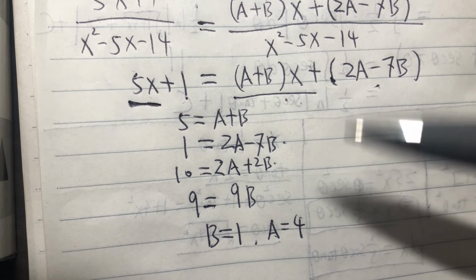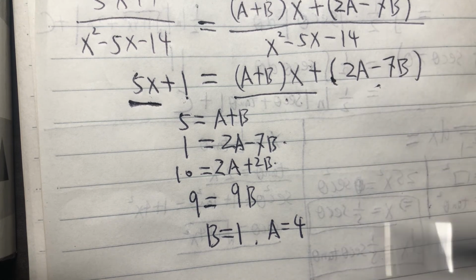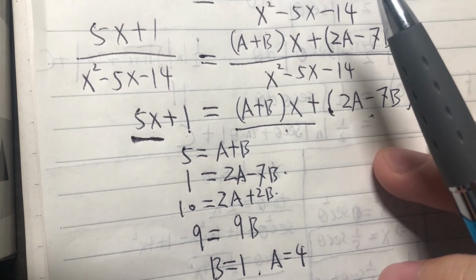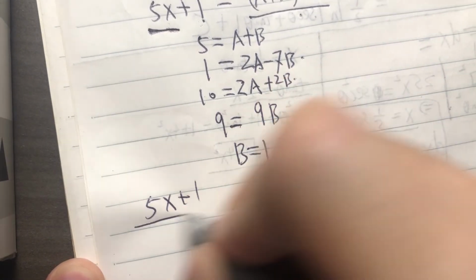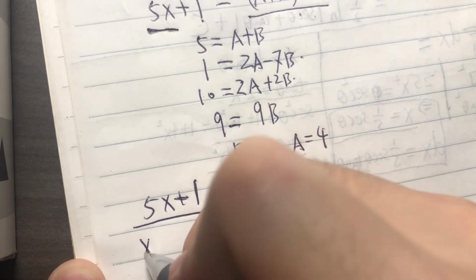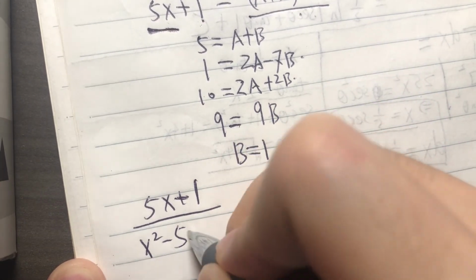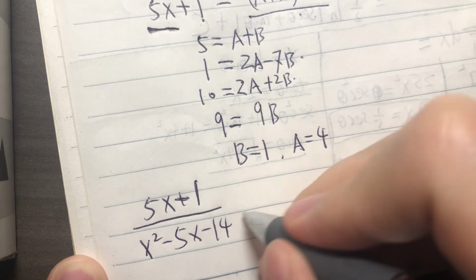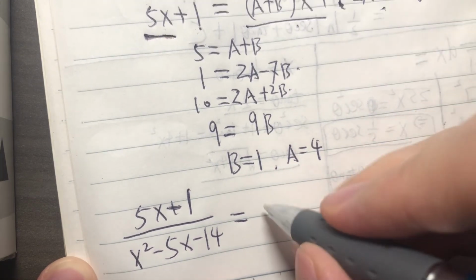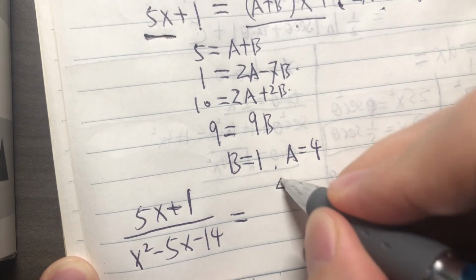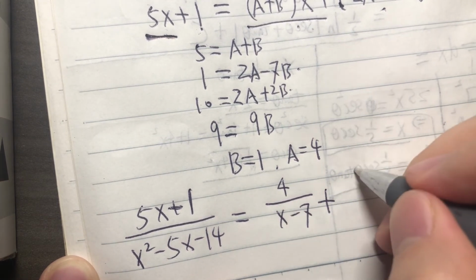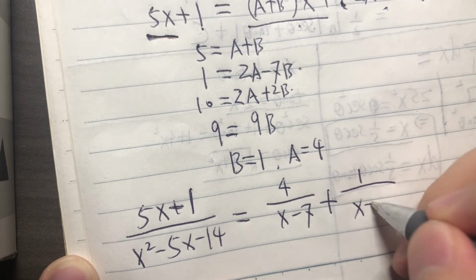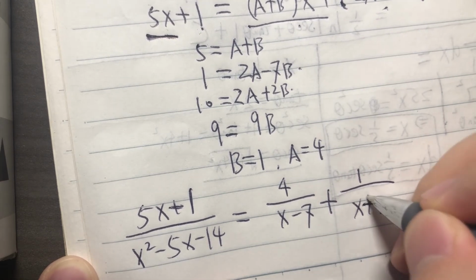Okay, so after solving for a and b, we rewrite this function, this fractional function, into two simpler fractional functions.